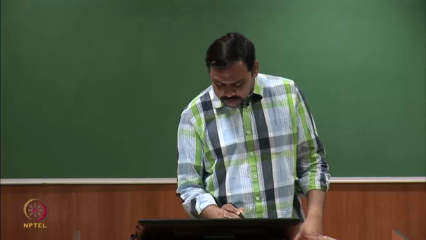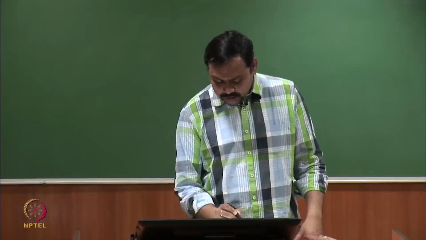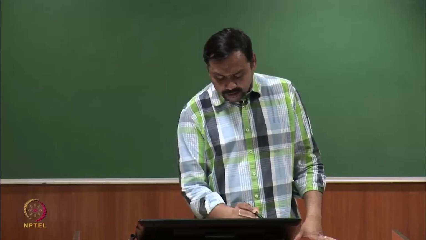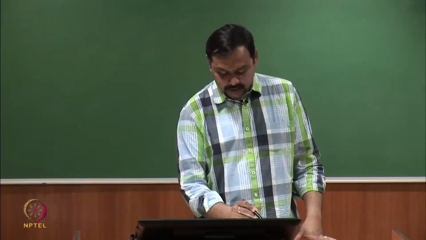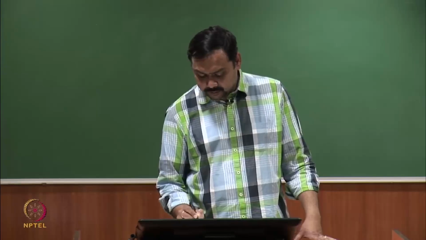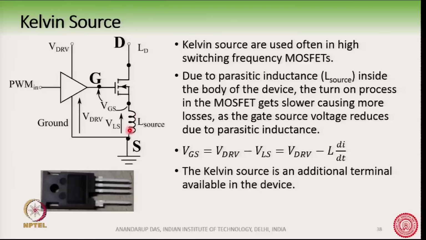Why? Because if you see this VGS voltage, now this VGS voltage will be V drive minus, so I assume there is no loss in this totem pole here. So, VGS equal to V drive minus VLS, okay, minus this voltage VLS here.